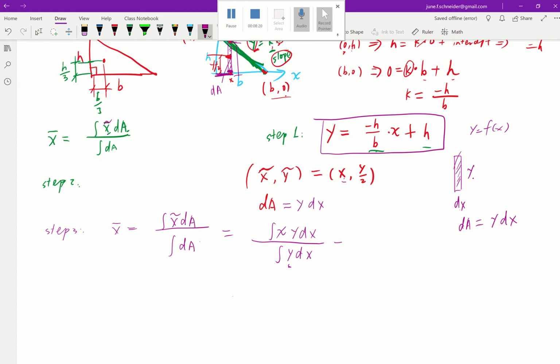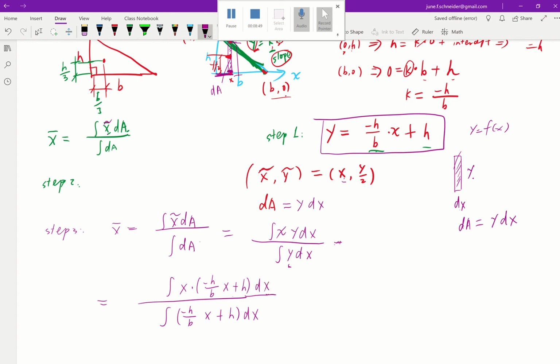We'll just write down y is going to be negative h over b x plus h, dx. And the numerator will have x and y, negative h over b x plus h, dx.